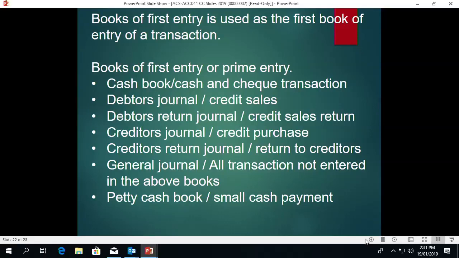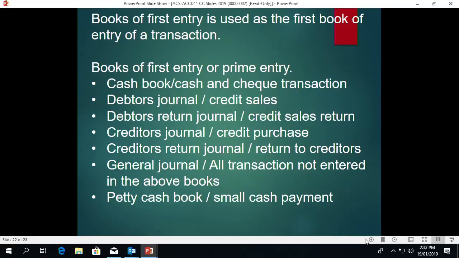When they return things, we enter them in the debtors return journal. Our credit purchases, when we buy goods on credit from the supplier, we will record that in the creditors journal. When we return credit purchases, the supplier will enter that in the creditors return journal.